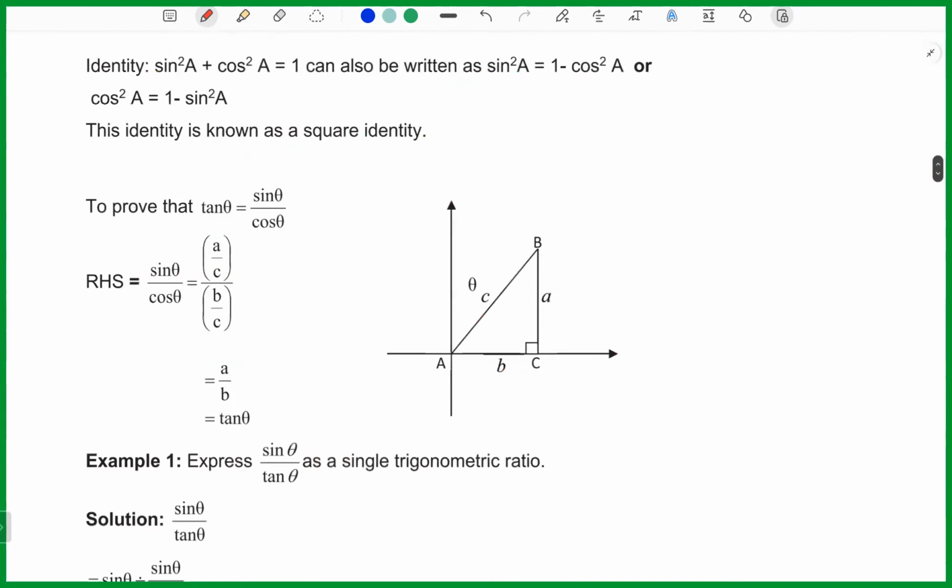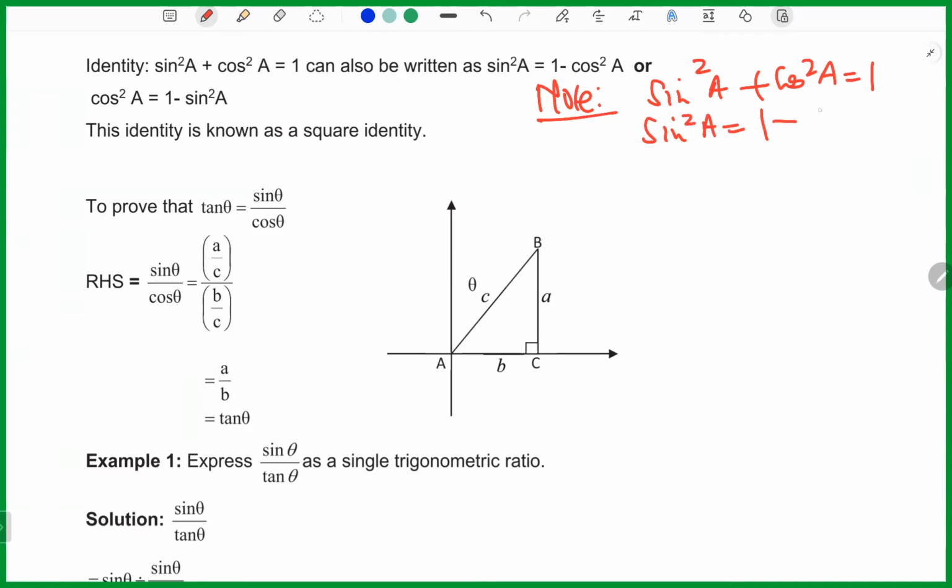So we need to be able to prove this. Once again, a note: we have proven that sine squared A plus cosine squared A is 1. But we can transpose terms, so sine squared is 1 minus cosine squared.